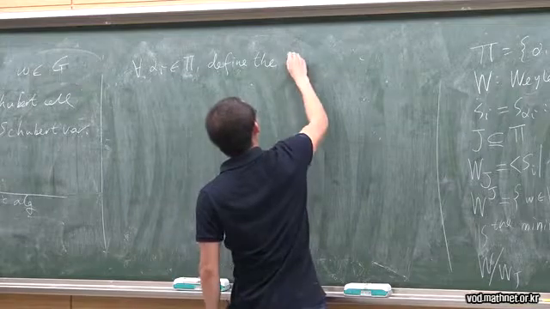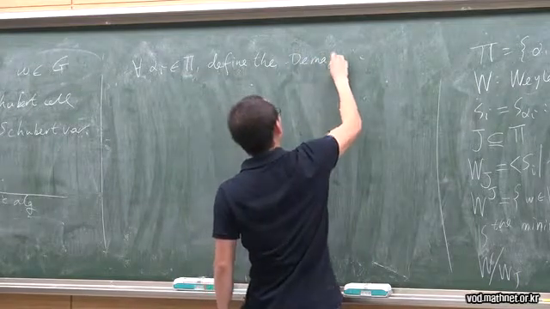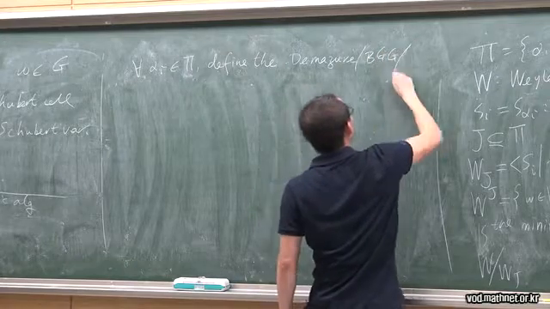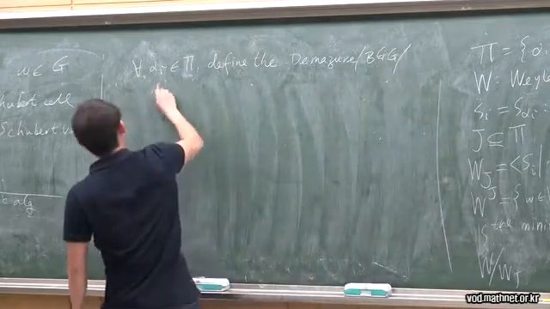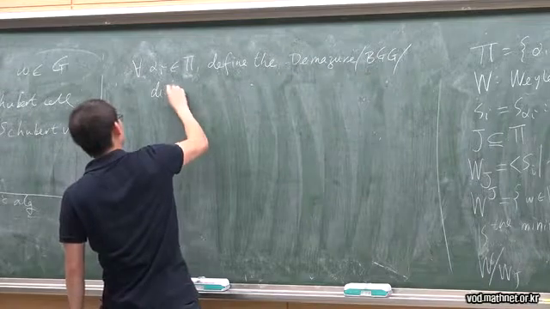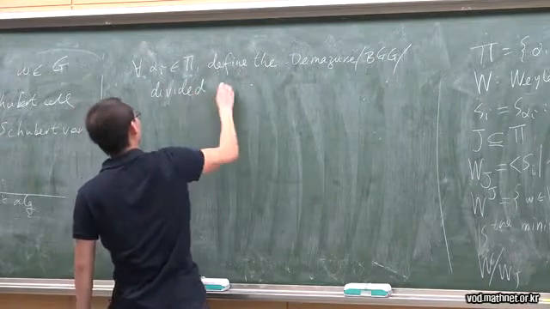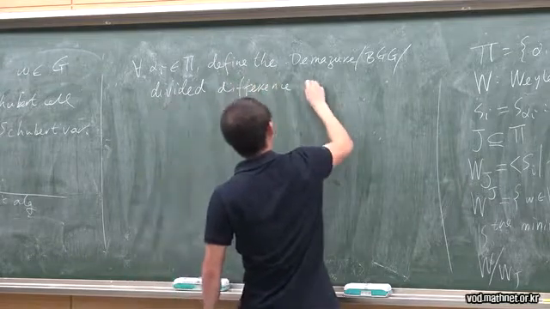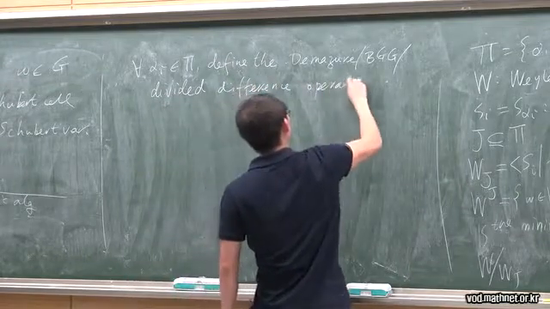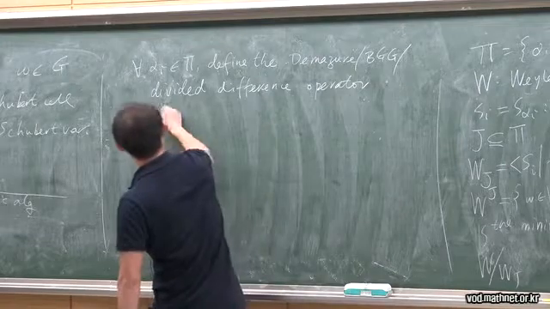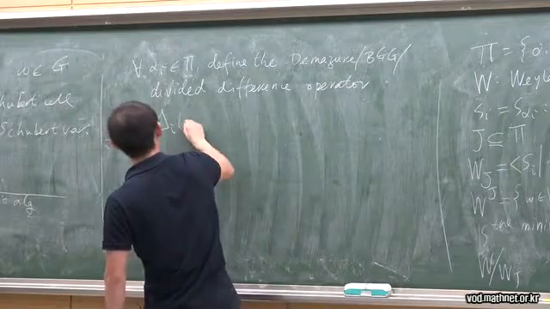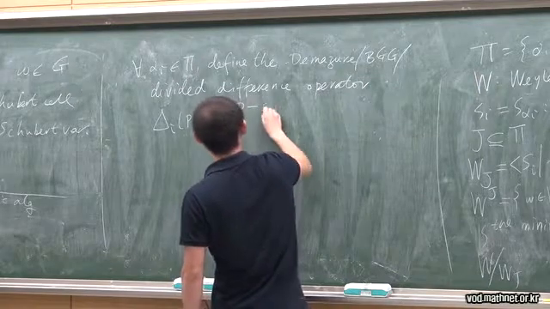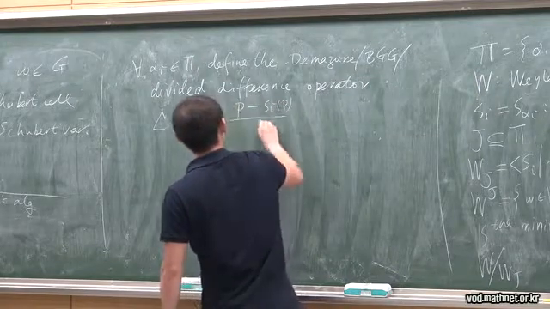Define the operators. Again, some people call it BGG, some people call it divided difference operators, as follows. Let me call it delta i. Delta i, if you have a polynomial P, is given by P minus s_i of P divided by alpha i.